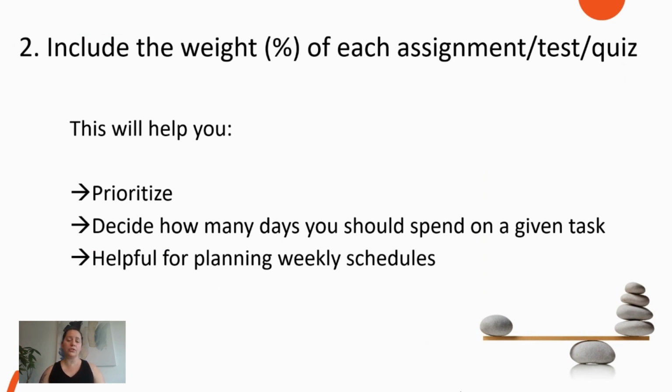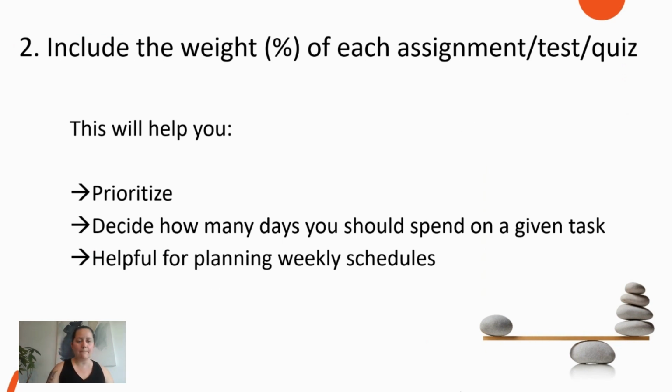This will help you also decide how many days you should spend on a given task. Usually, the more something is worth, the more time that you will have to dedicate to that task or assignment. This also comes in handy when planning weekly schedules. This is something that we will get into a bit more in another one of our videos.